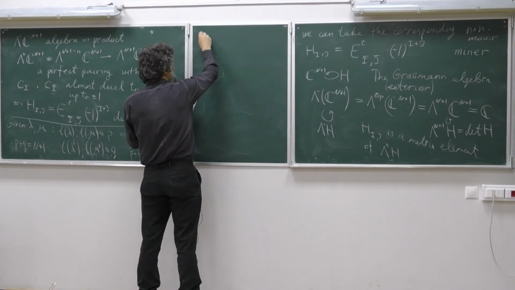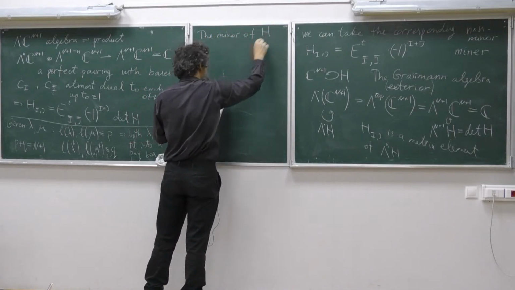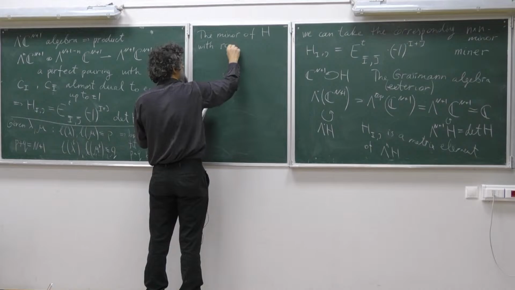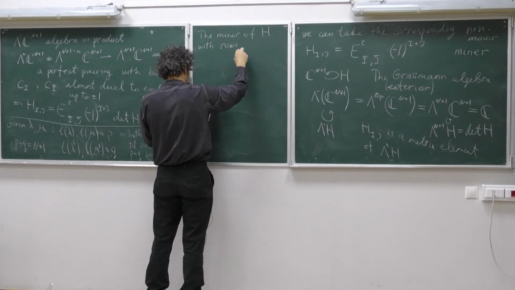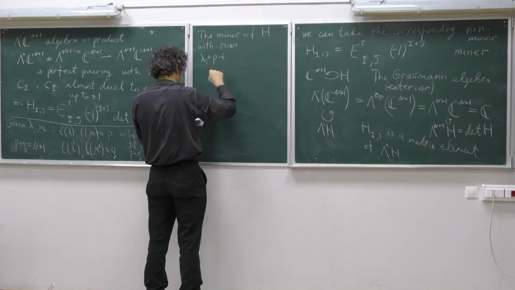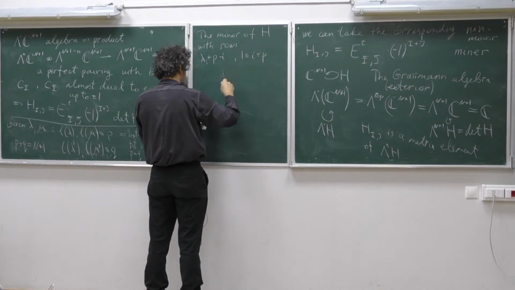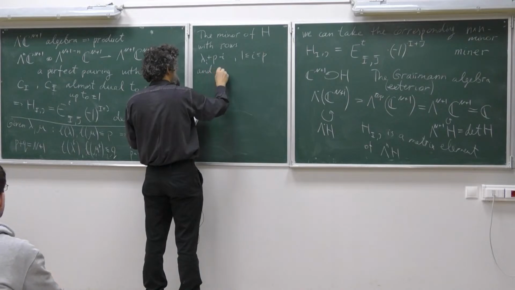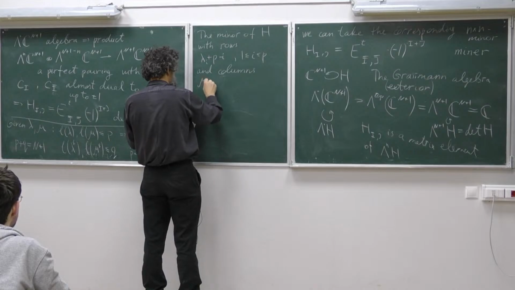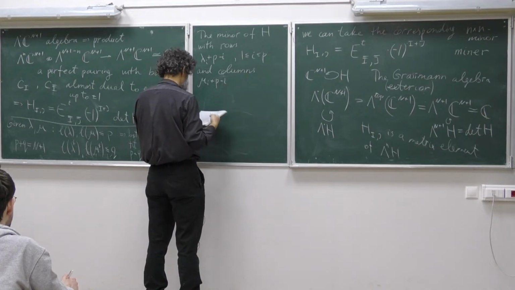Now, we consider the minor over this H matrix with rows numbers lambda i plus p minus i, and columns mu i plus p minus i.